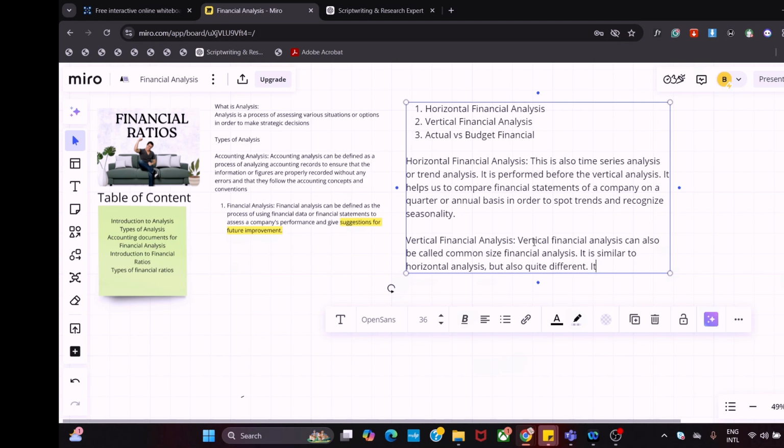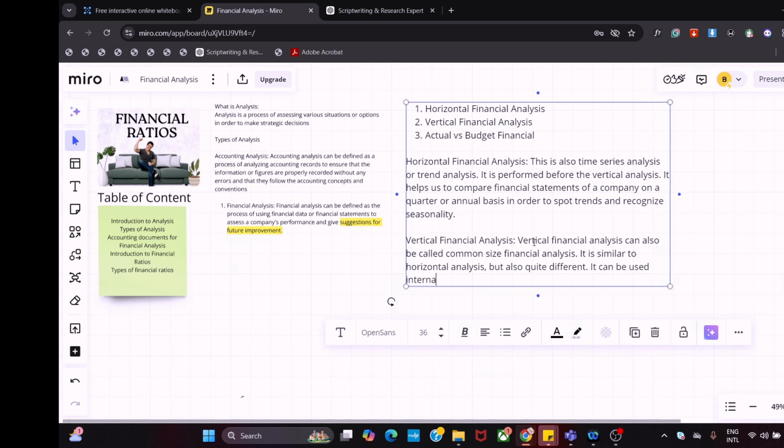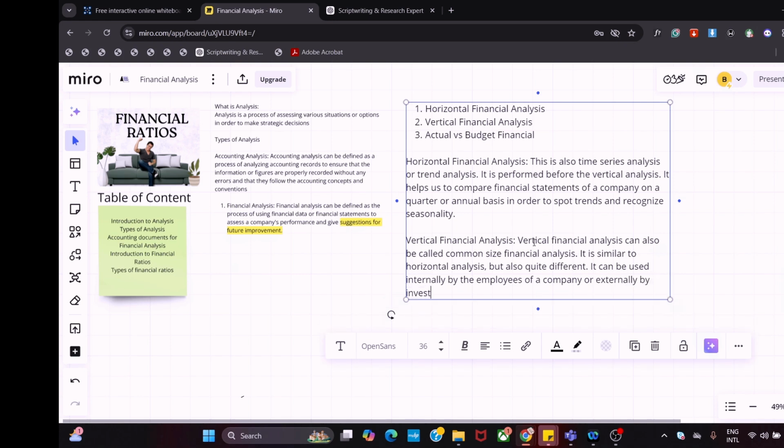Okay, it can be used internally by the employees of the company, or externally by investors.